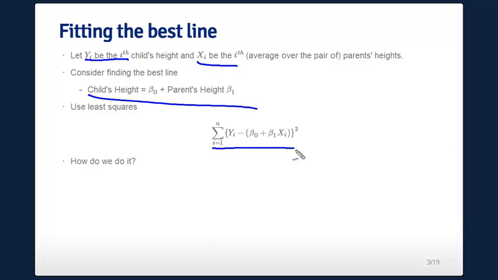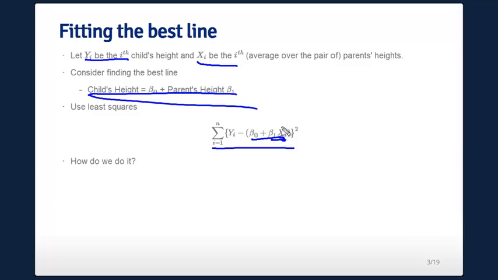If this was the regression line, remember that a line only takes two parameters to describe, a slope and an intercept.